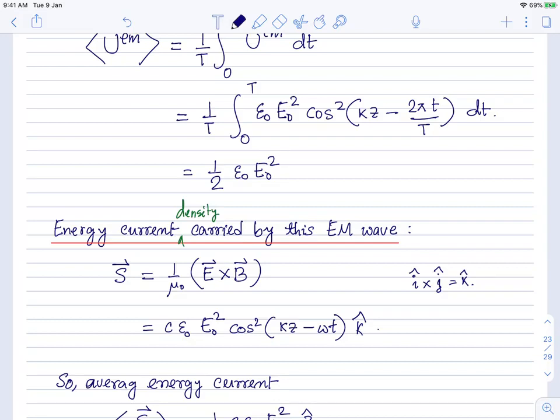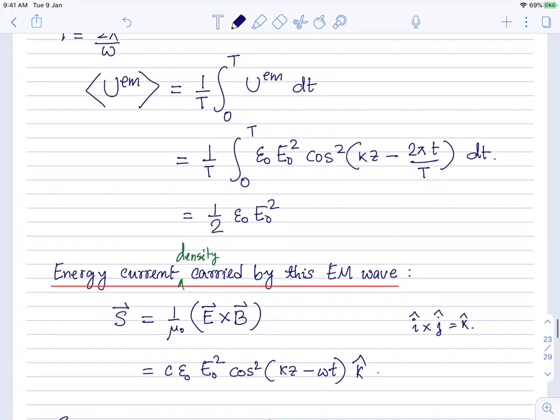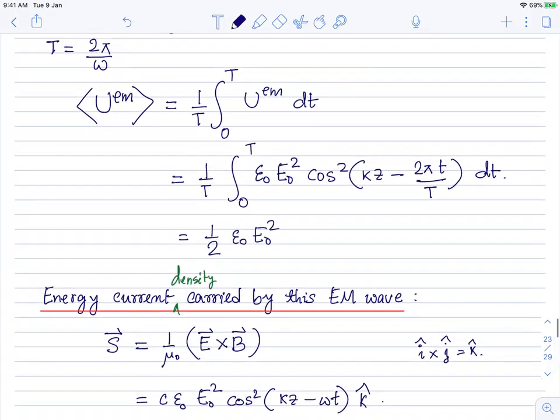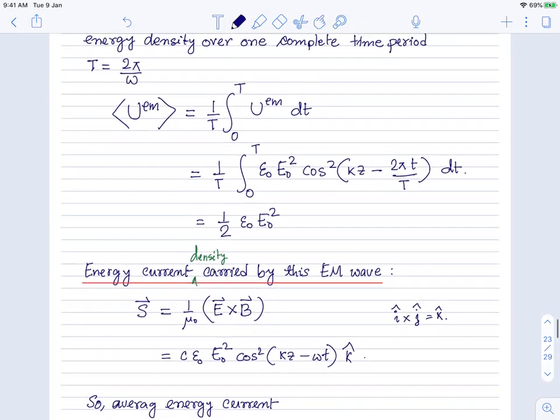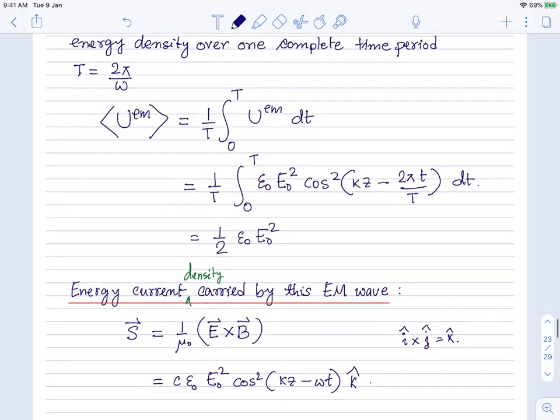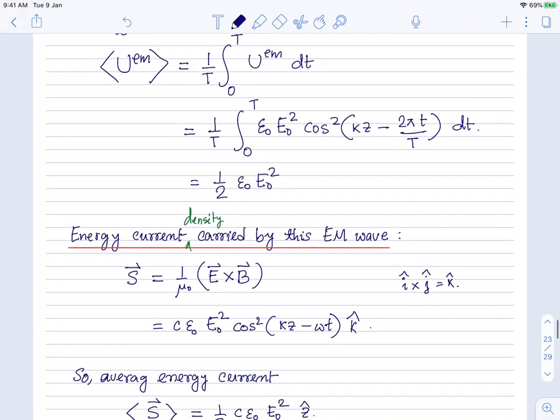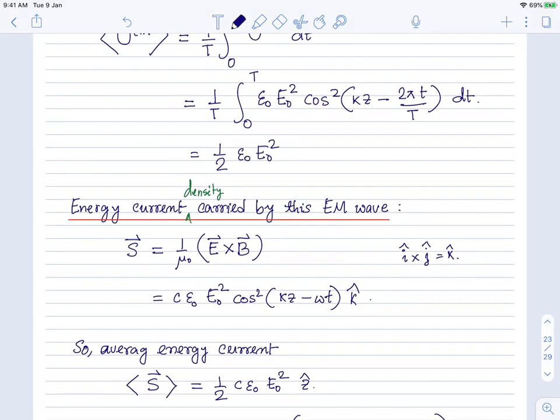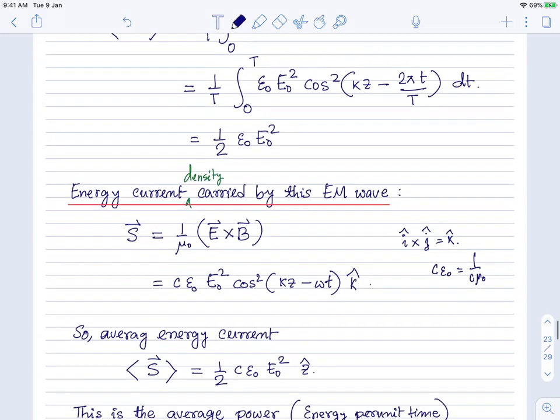So we get E squared cos squared. There is a 1 over mu naught, but there is also a factor of c coming from B. I think we have used c times epsilon naught is equal to 1 over c times mu naught, and then you get this expression.